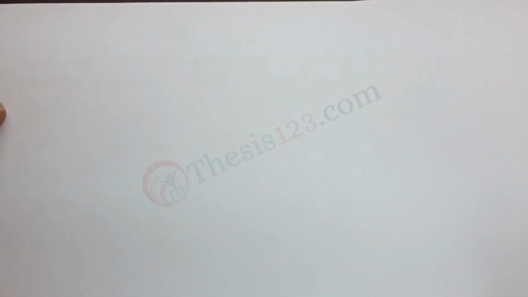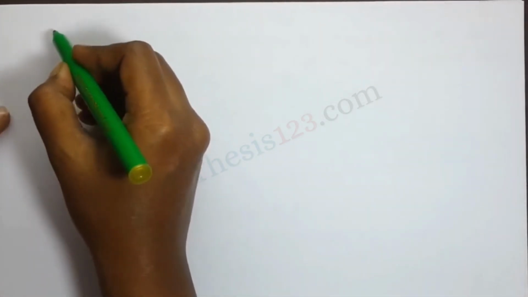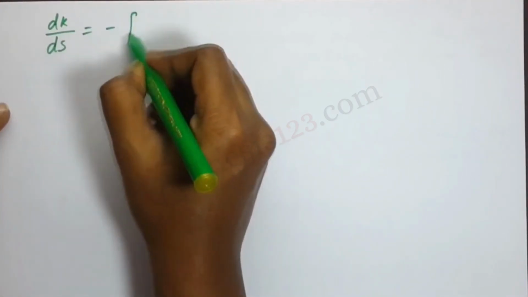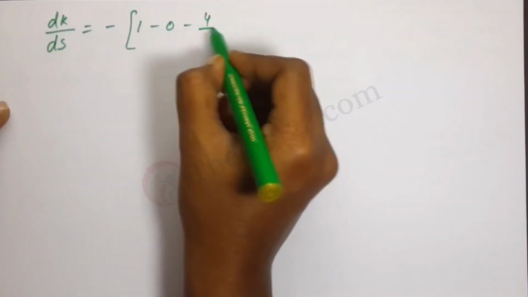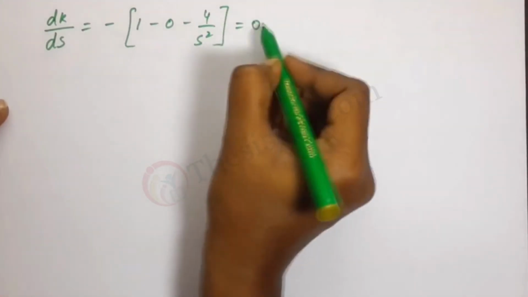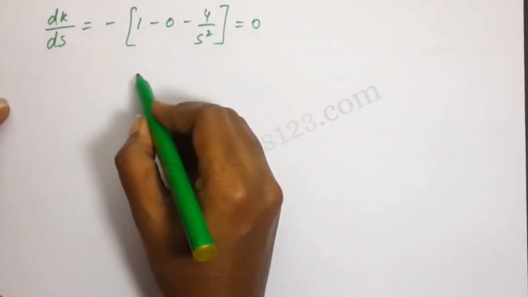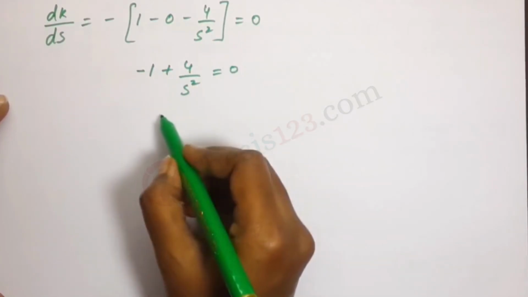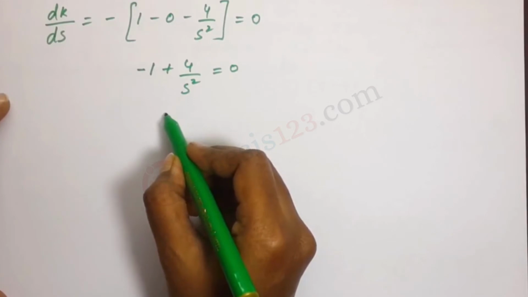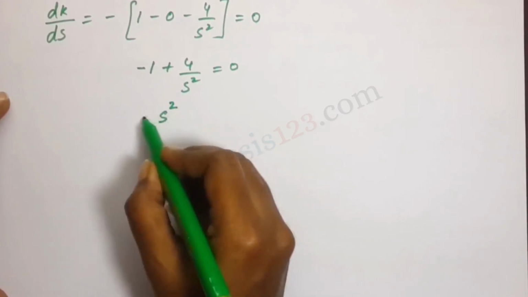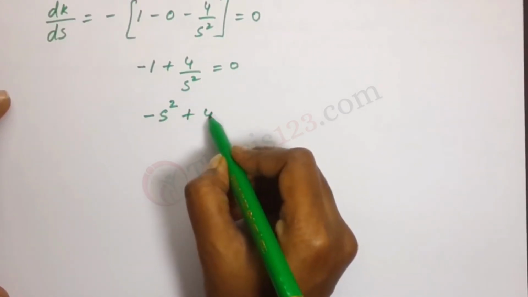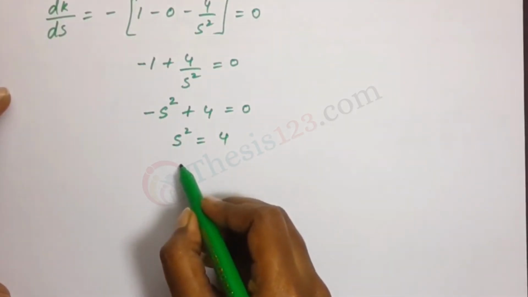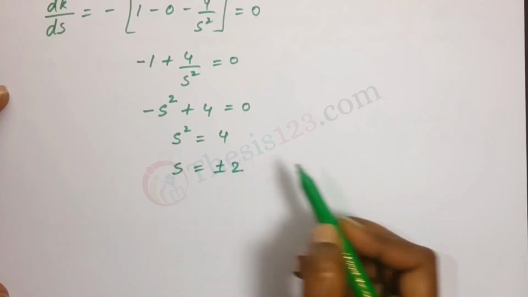So we now have dK by ds is minus of 1 minus 0 minus 4 by s squared. This is what we found. Let's equate and see. We get minus 1 plus 4 by s squared is equal to 0. We can write this as s squared is equal to 4. s is equal to plus or minus 2.